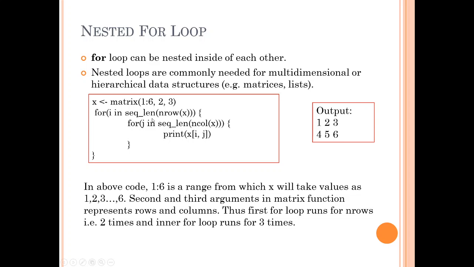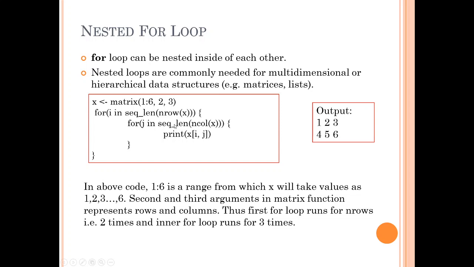Our outer for loop will run twice, and for each iteration of the outer for loop, the inner for loop runs for some fixed amount of time. Let us see what that number is. j in seq_len: this sequence length will return the length of the columns of X. So ncol of X gives seq_len the number of columns.